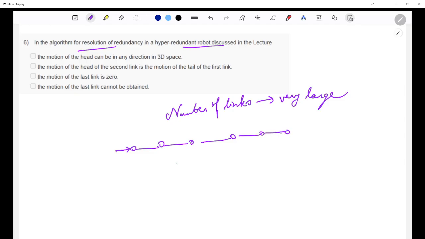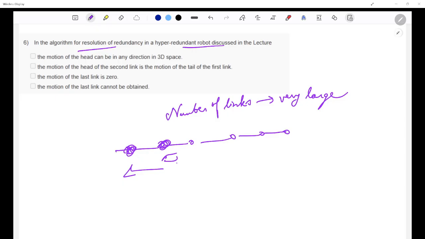Instead of solving large Jacobian matrices, the algorithm propagates motion link by link. This algorithm works sequentially along the chain. Motion propagates along the chain. So the head motion of the next link is the same as the tail motion of the previous link.